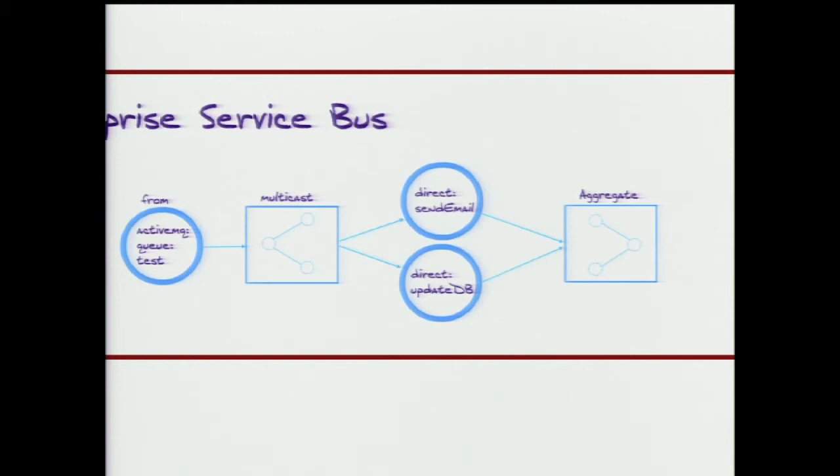Those can be anything you want. I just called them send mail and update database. But if you're familiar with Camel, anything can be in there. These are just routes. And then I'm aggregating the information. This is kind of what we're going to be going through today, just as a simple use case. The information that's in here really isn't that important. It's how you configure these systems to work together that really is the meat of the architecture.